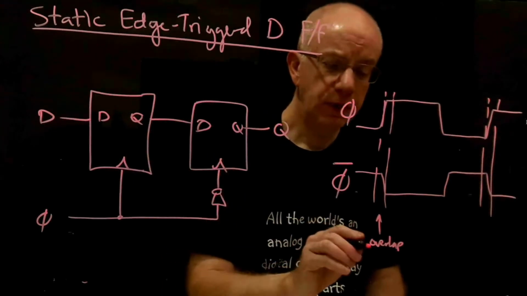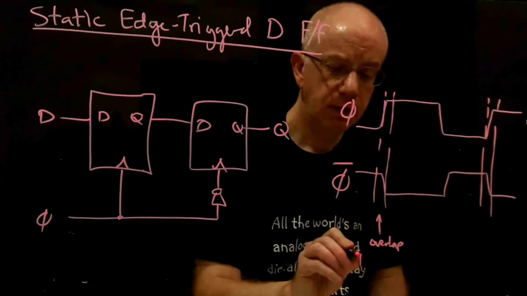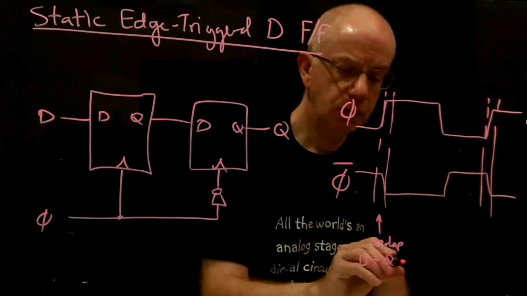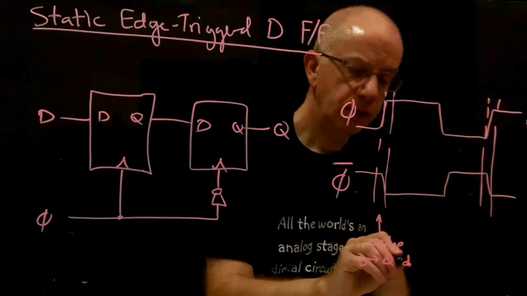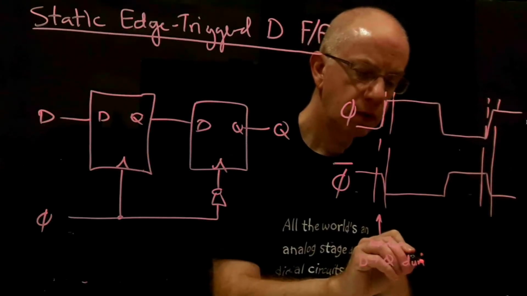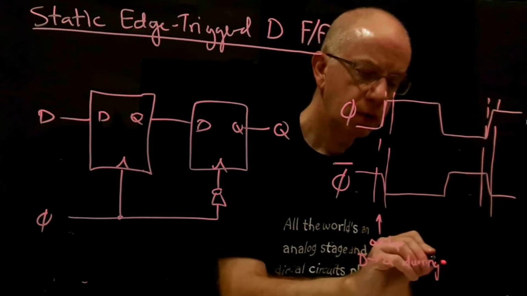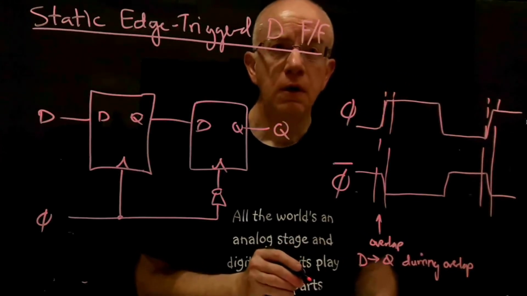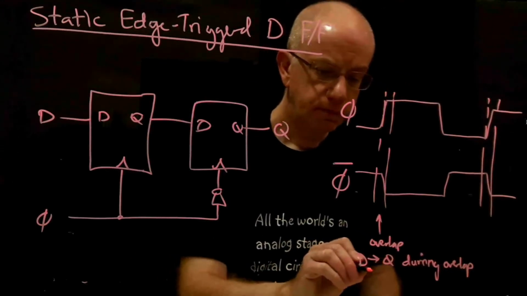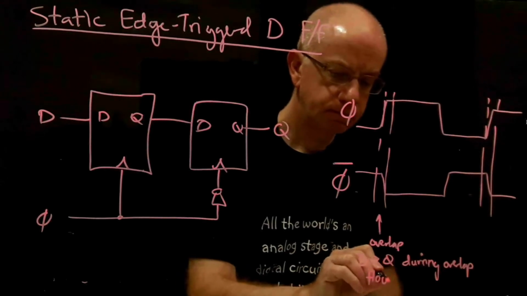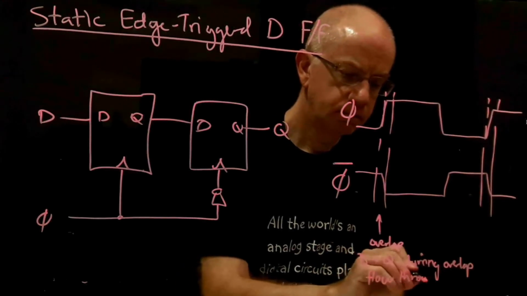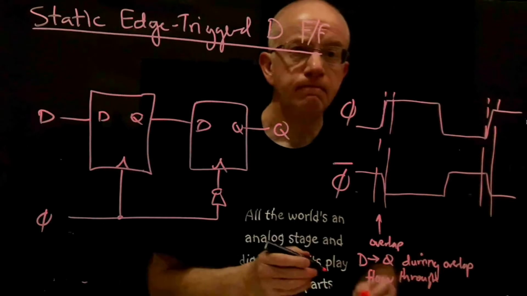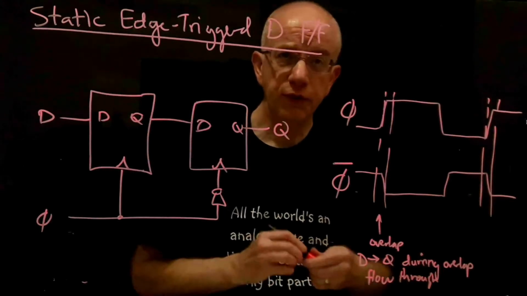And what can happen is that D flows through to Q during this overlap. And that's called flow through. And that's a potential problem with this arrangement.